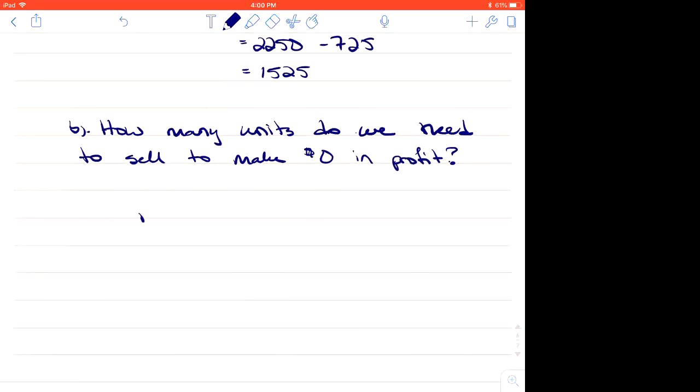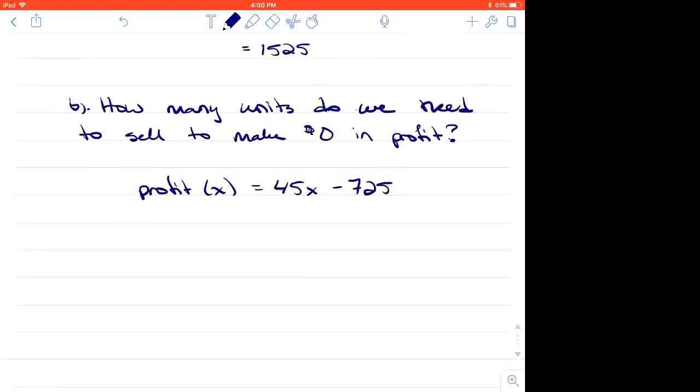Again, we have our profit function. Profit of X is 45X minus 725. But now I'm asking you how many units, so essentially solve for X, and I'm telling you the profit has to be zero. So this whole left-hand side, we set it equal to zero. We're forcing the profit to be zero, and then we solve for X. What X makes that happen? It's kind of like a reverse. We're not solving for the profit anymore, we're solving for the units.